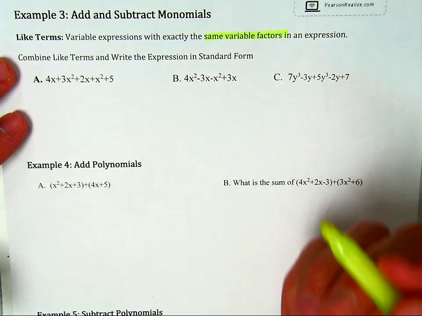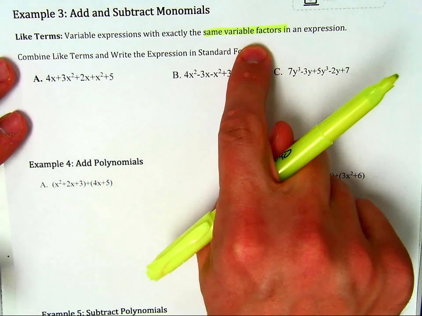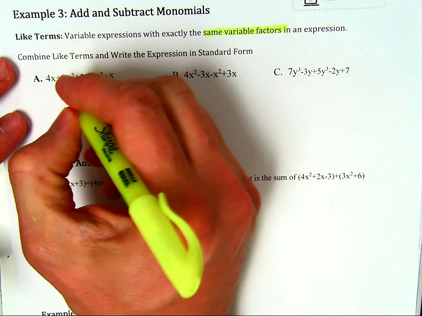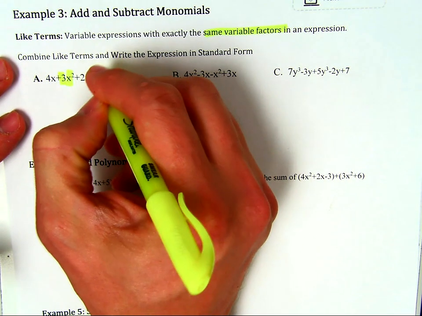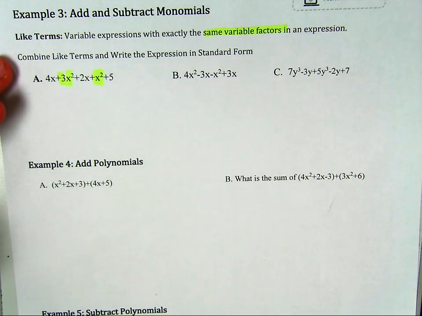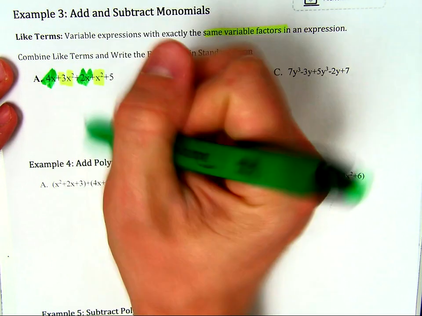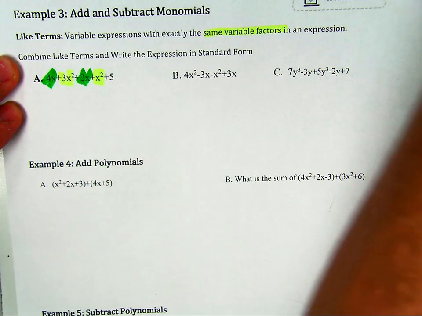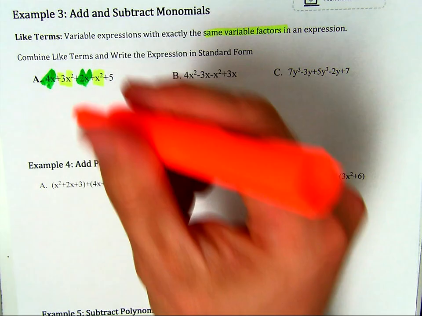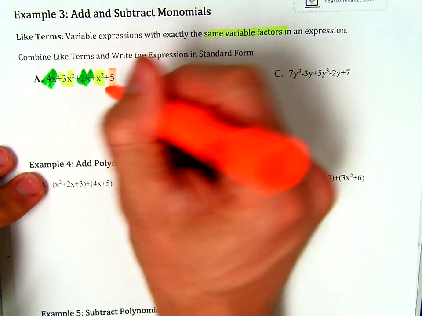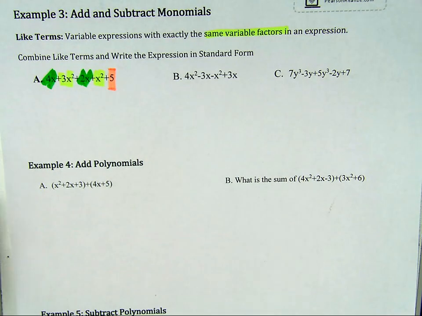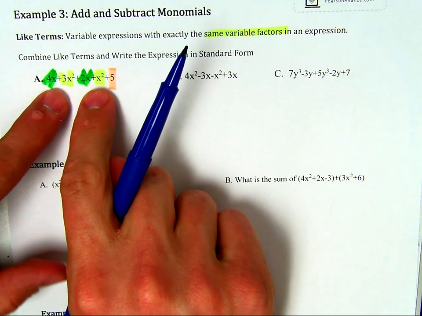So when I take a look at A, we want to look for the same variable factors. So 3x squared and x squared, those are the same. 4x and 2x, those are the same. 5 is the only constant.